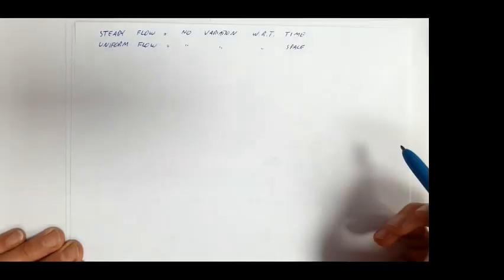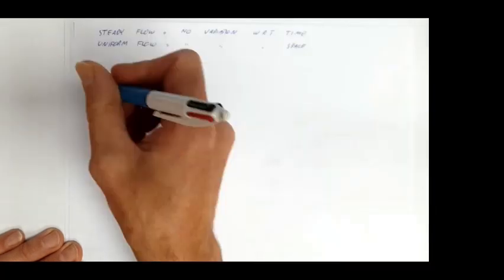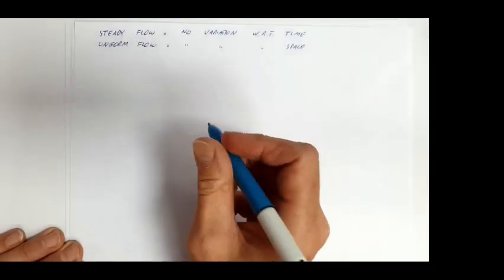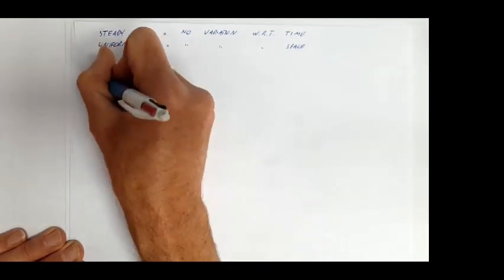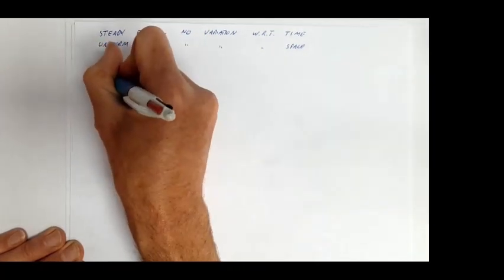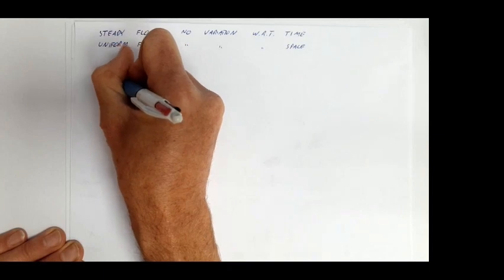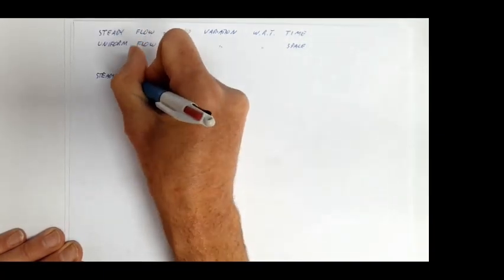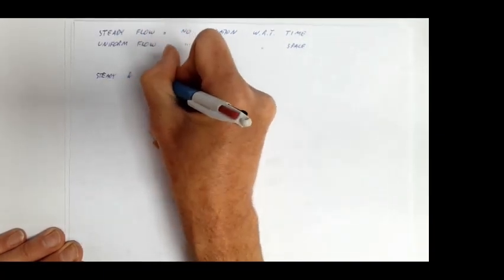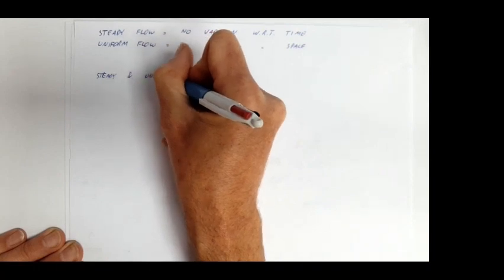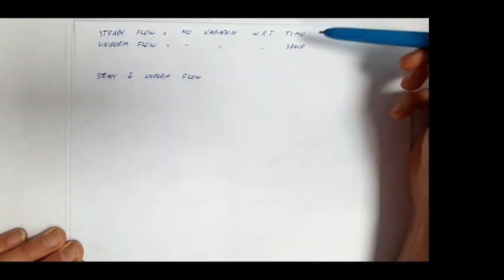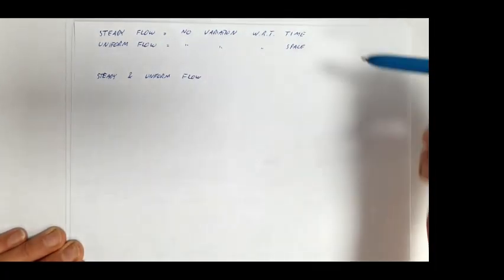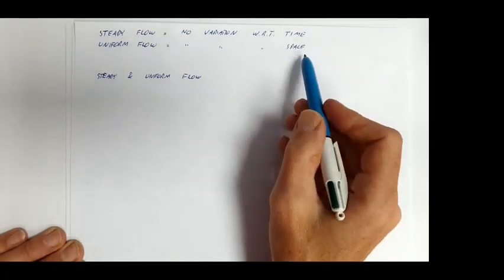So let's consider each of those. First of all, steady and uniform flow. It's steady, therefore there's no variation with respect to time, and it's uniform, therefore we've got no variation with respect to space.